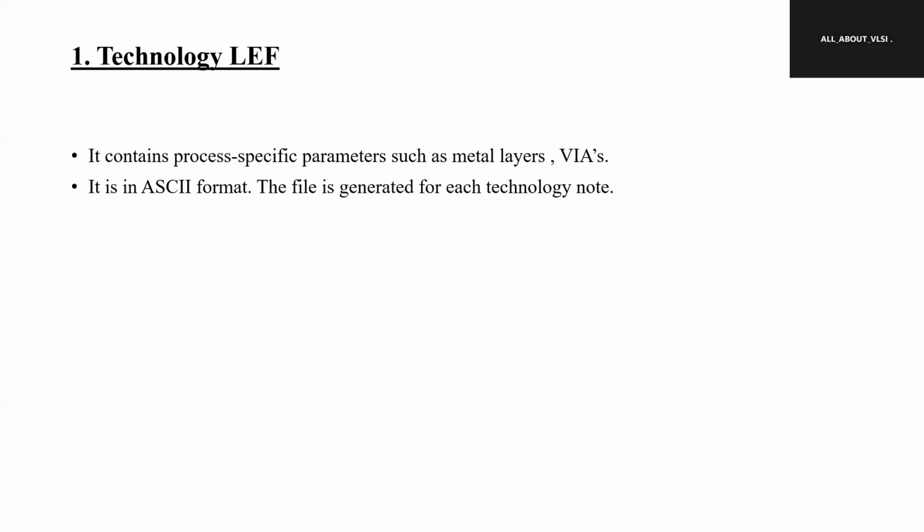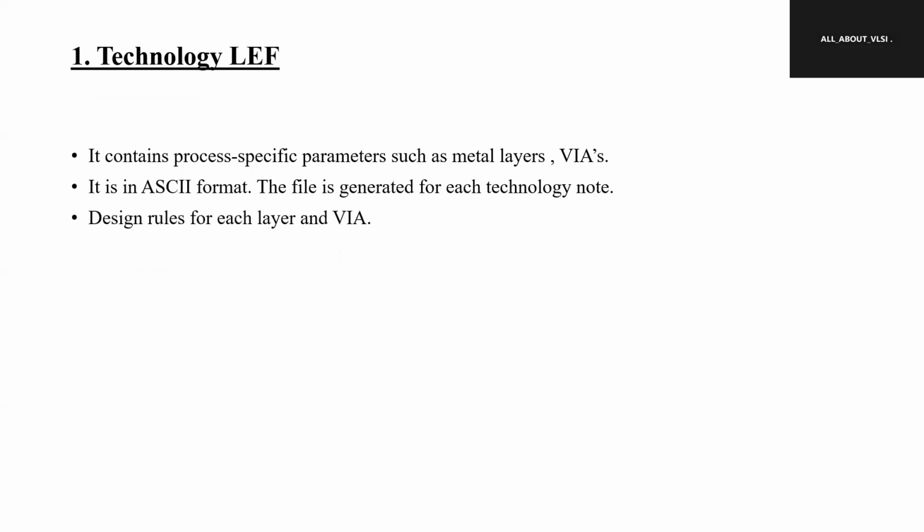If you are working on 4, 5 or 7 nanometers, then for every node this technology file varies, because every technology node has different kinds of parameters. So this technology file is dependent on technology, right?